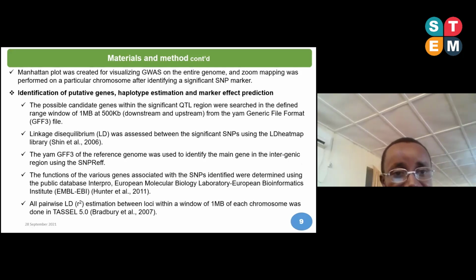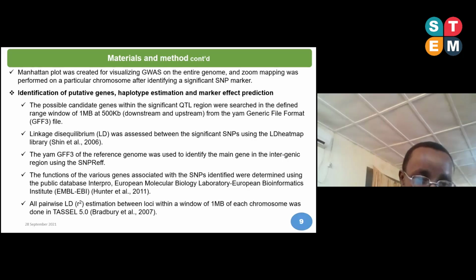Okay, so for the identification of putative genes, haplotype estimation and marker effect prediction, we also used a window of 1 megabase, 500 kilobases downstream and upstream, and then linkage disequilibrium to make an assessment between the significant SNPs.